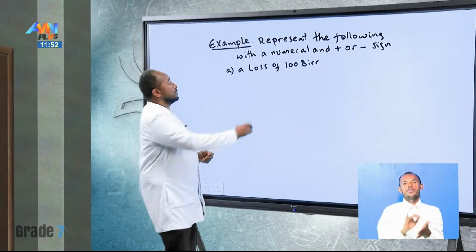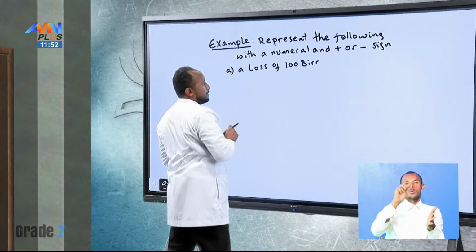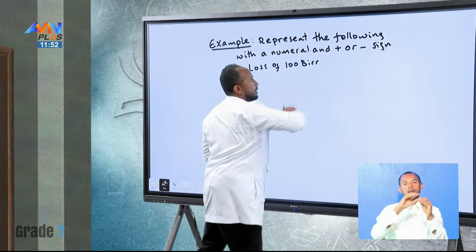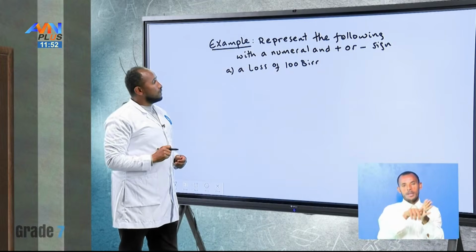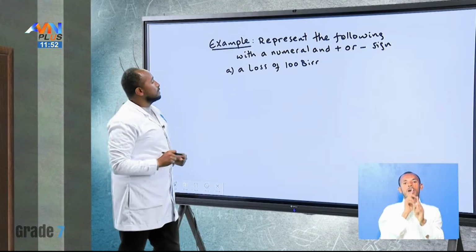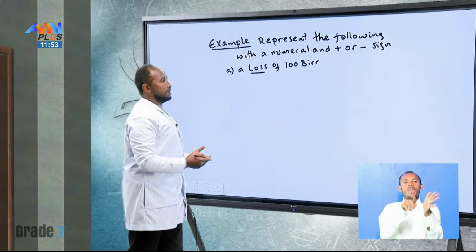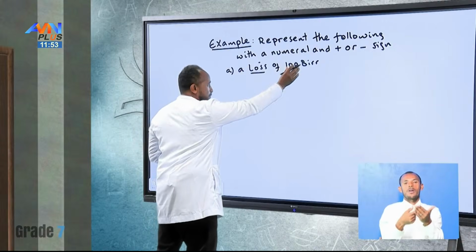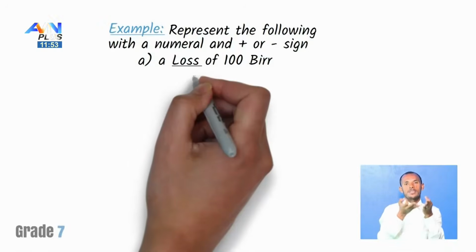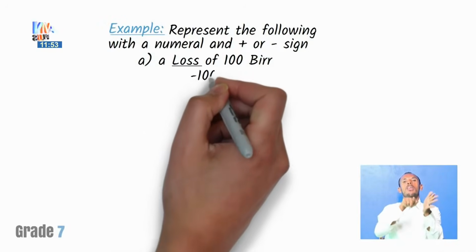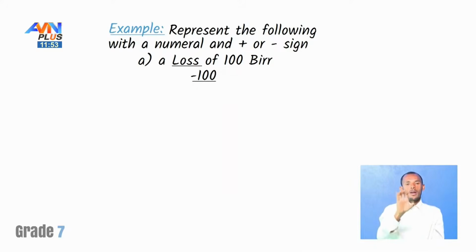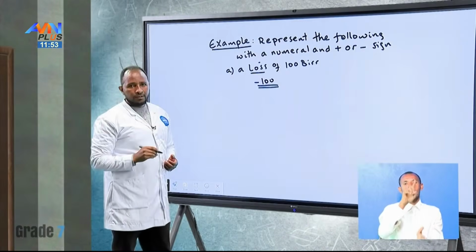That means the numeral is the number, with a plus or minus sign. Now let's see the answer together. Loss, as we said earlier, is negative. Therefore, this number is described as minus 100 or negative 100.